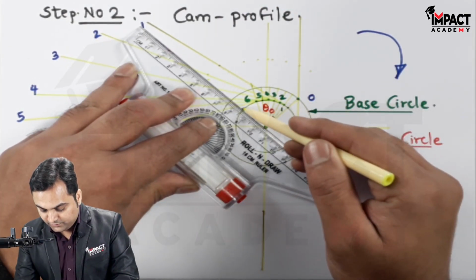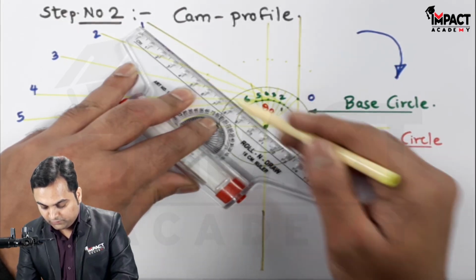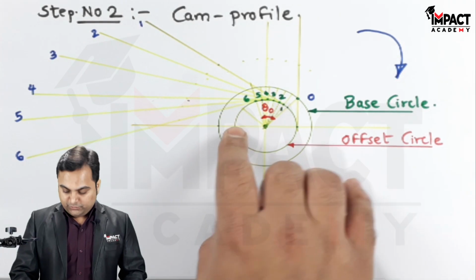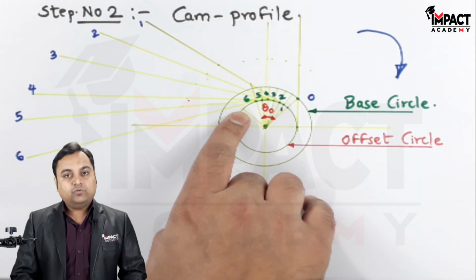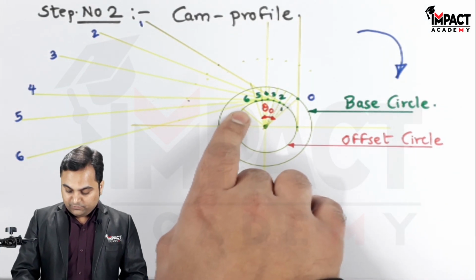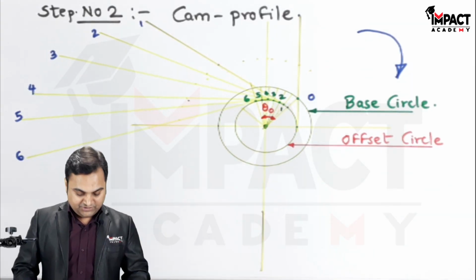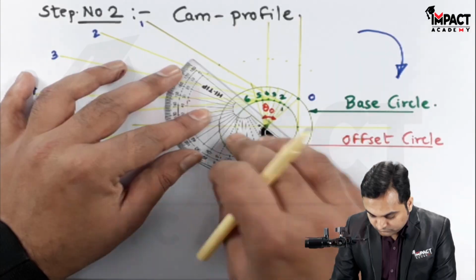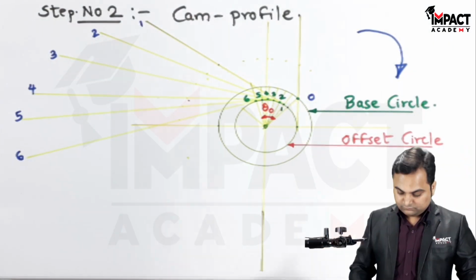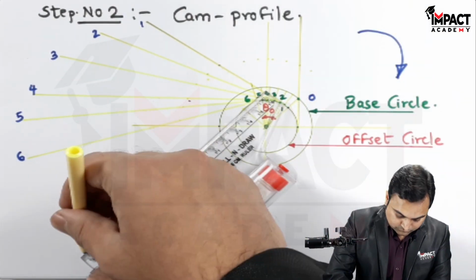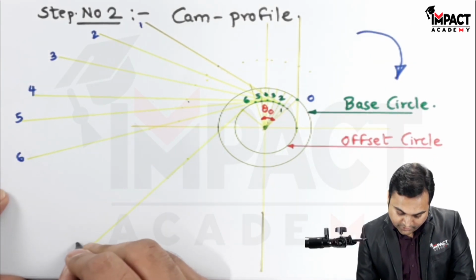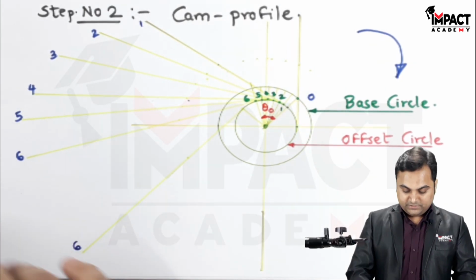So drawing this line only up to the offset circle of 30-degree. So now when I have measured 30-degree for the dwell, I have to just project this line only up to the offset circle, because from there itself I am going to draw the tangent. So this is the tangent for the dwell, again having the same notation, 0.6.